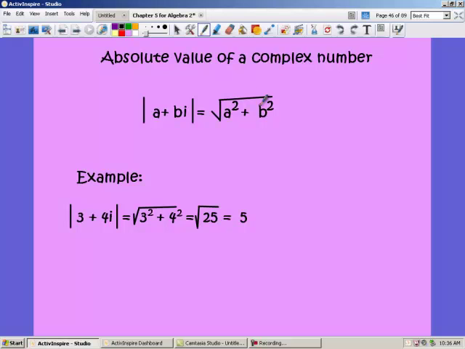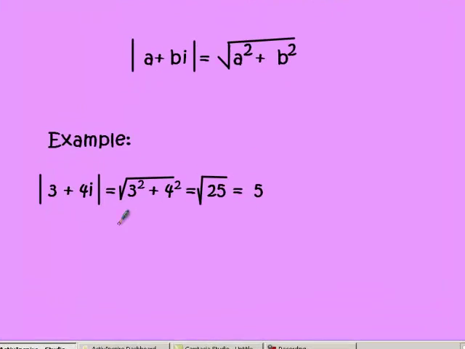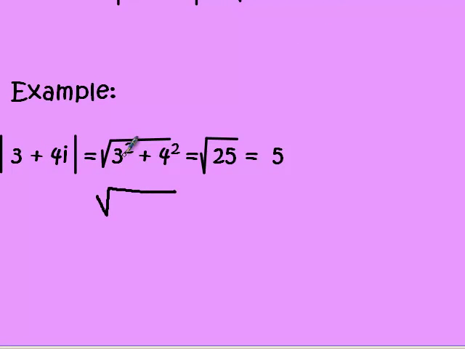So for example, down here, if I ask you to take the absolute value of 3 plus 4i, you're going to take away the absolute value signs and put a square root. You're going to take your a and square it, add your b and square it. So as you can tell, 3 squared is 9, and 4 squared is 16. And what is 9 plus 16?